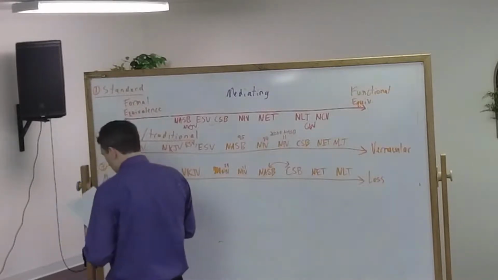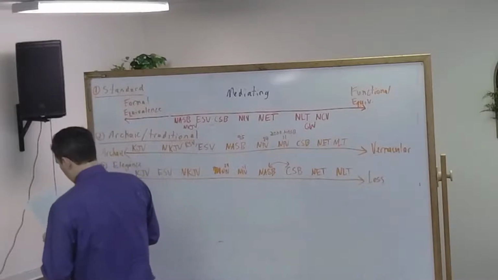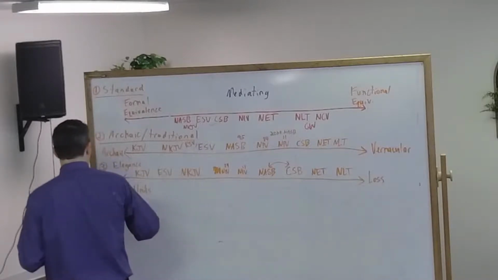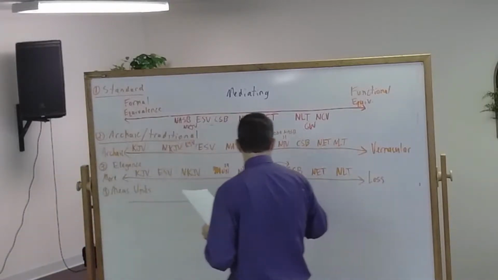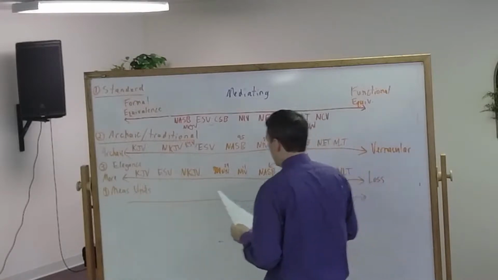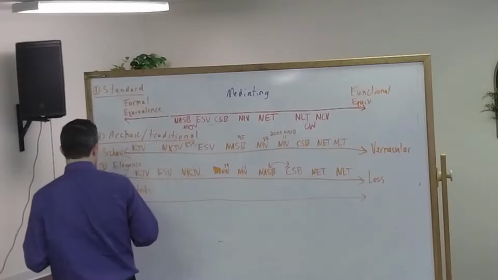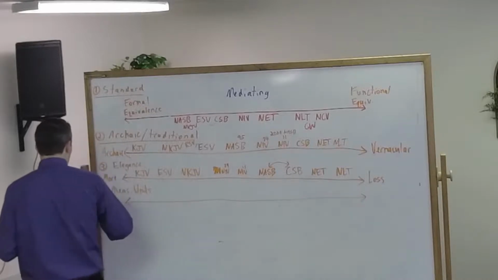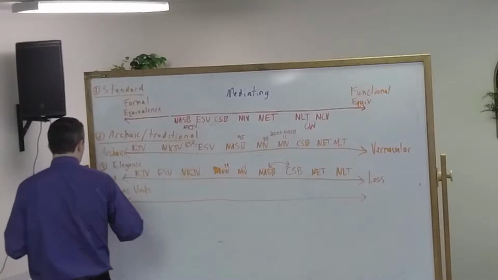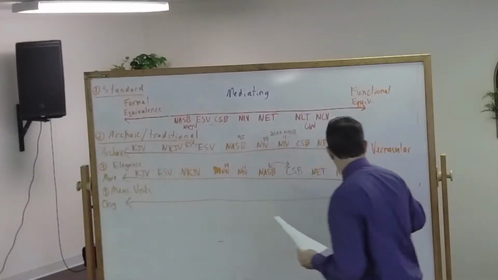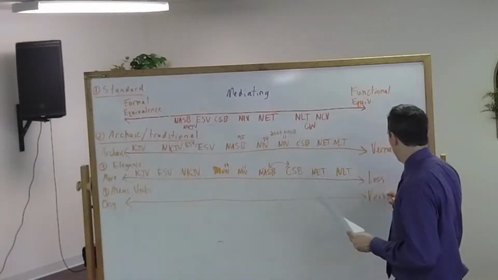Okay? So let me do a chart here, and this is not going to be quite the same as the others, because it's hard to put it on a spectrum like this. But you have the original idiom versus a vernacular idiom.